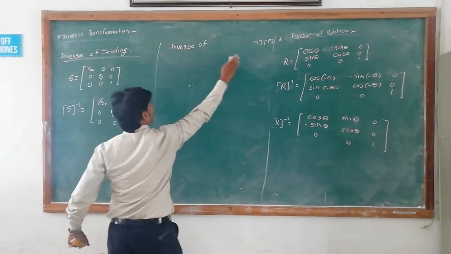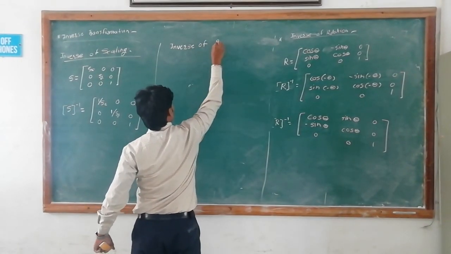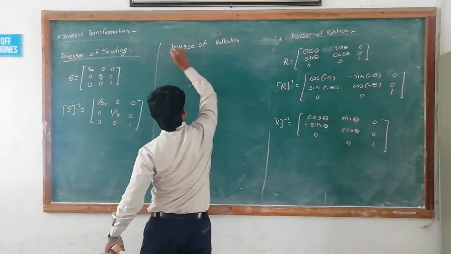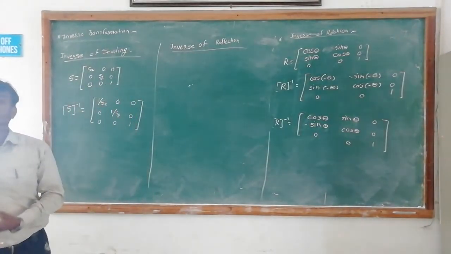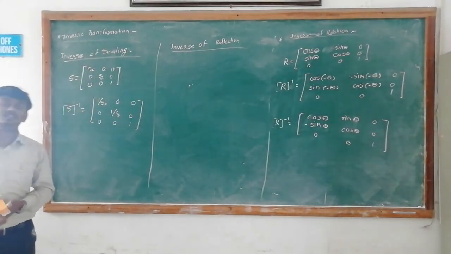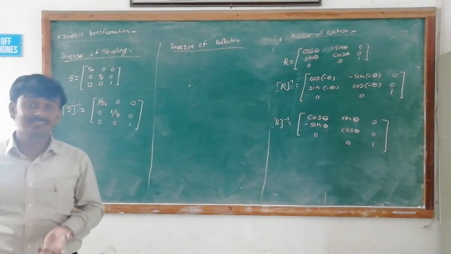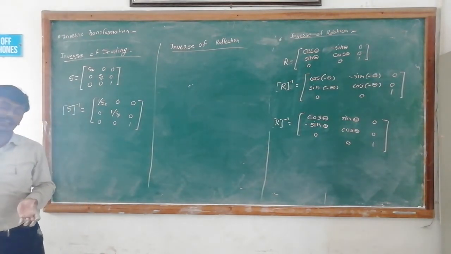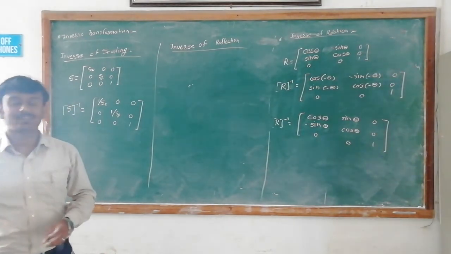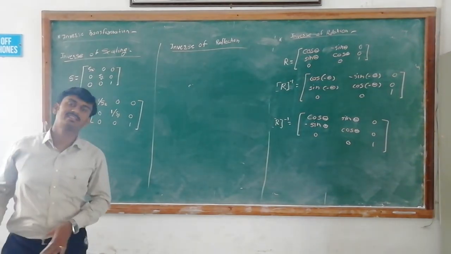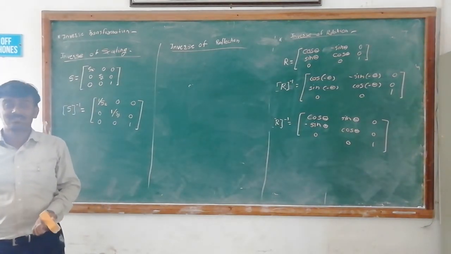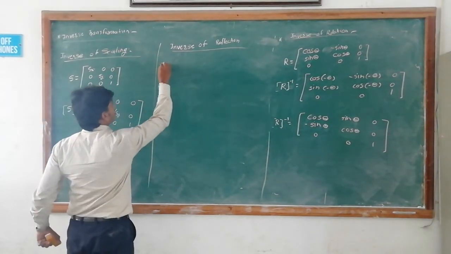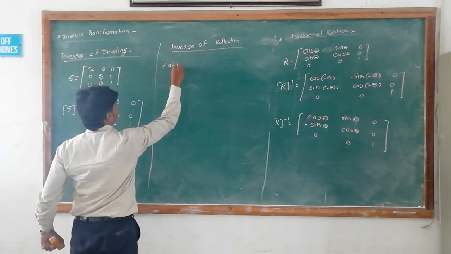There are 5 types of reflection: reflection about x-axis, reflection about y-axis, reflection about the origin, reflection about the line y is equal to x, and reflection about the line y is equal to minus x. In the case of reflection, first we take it about the x-axis.